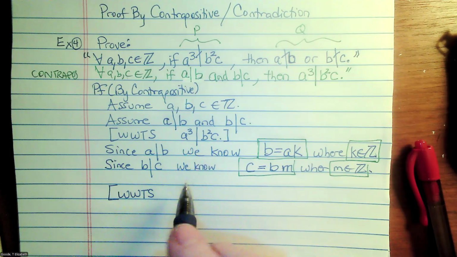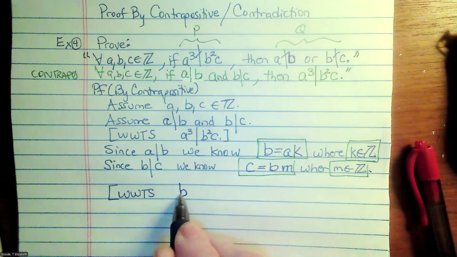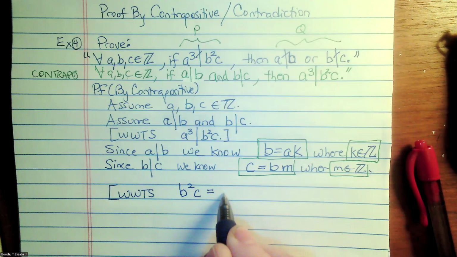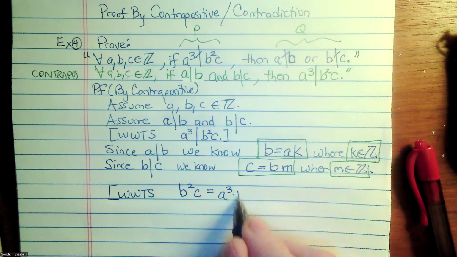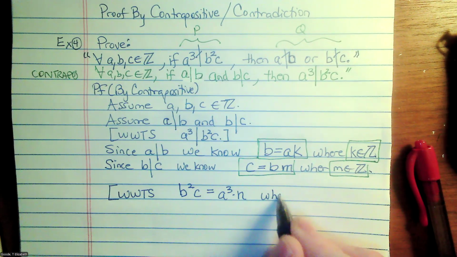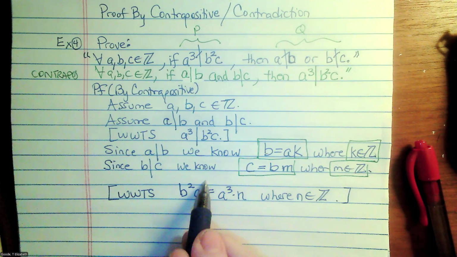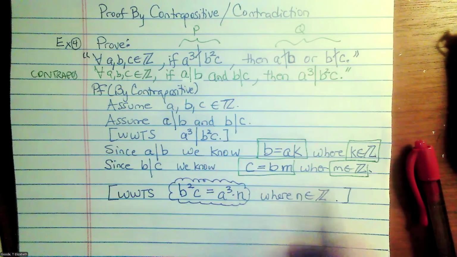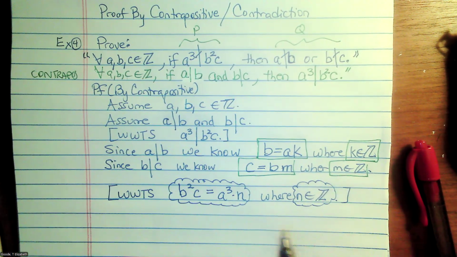Our wish actually looks like we wish to show that B squared C equals A cubed times an integer N, where N is in Z. That's our dreamy wish. We can't start with it, but we can try to get there.